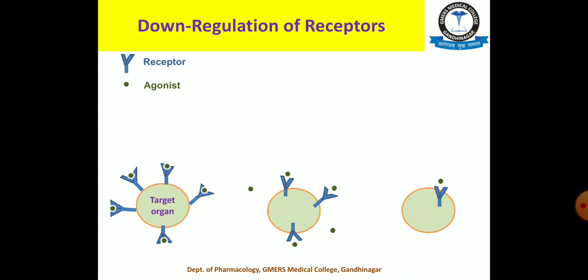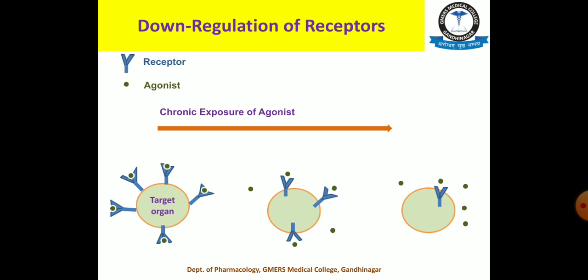The agonist still binds, but you can see that now the binding of the agonist to the receptor decreases, and the internalization of the receptor is also there. So the ultimate biological effect will be further reduced, and a time will come that even if you increase the amount of the administered agonist up to a very high level, still you will not get the desired response.